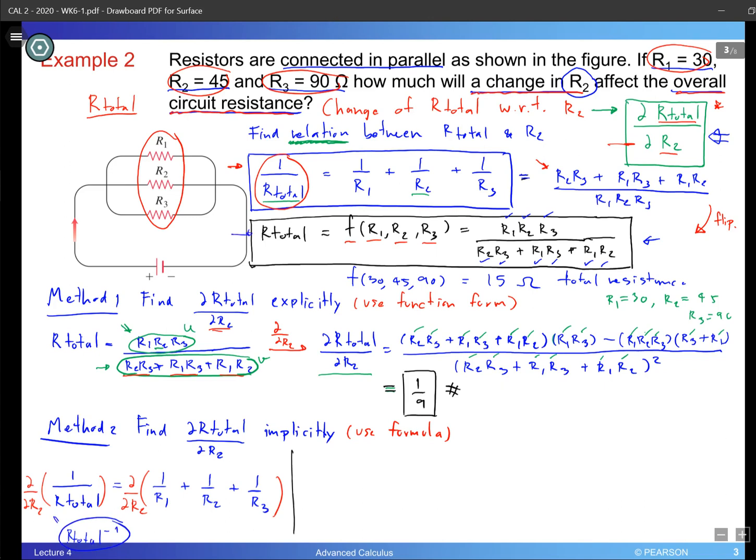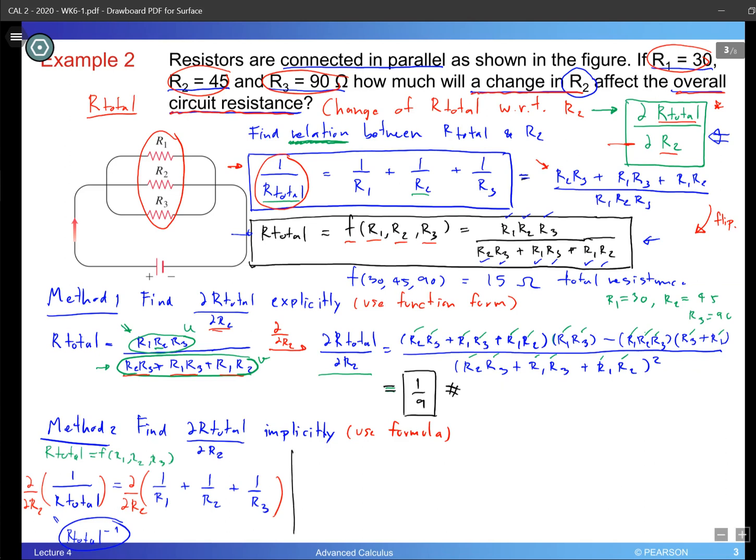We have R2 inside R total. Okay, so keep in mind that R total right here is a function of R1, R2, R3, which means that we need to apply the chain rule every time we diff this R total.